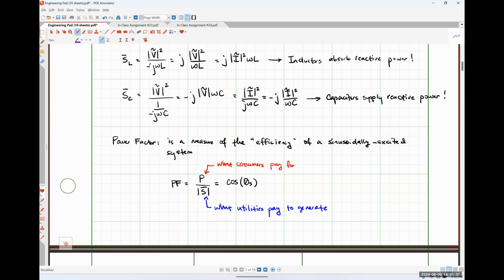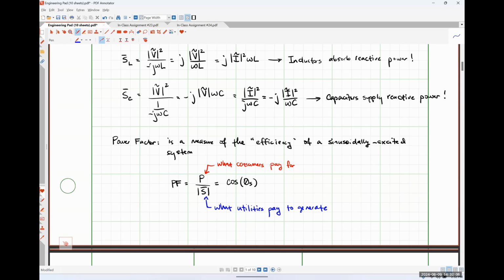So effectively, if this ratio isn't very close to 1, the utility is wasting money. Well, what would make this ratio be not very close to 1? That is the presence of large reactive loads.